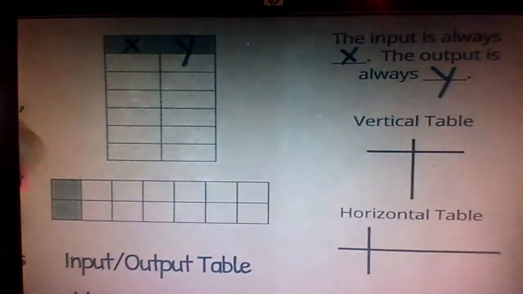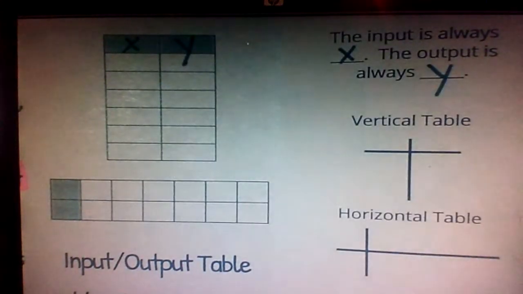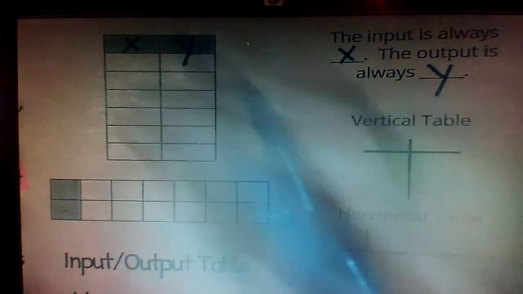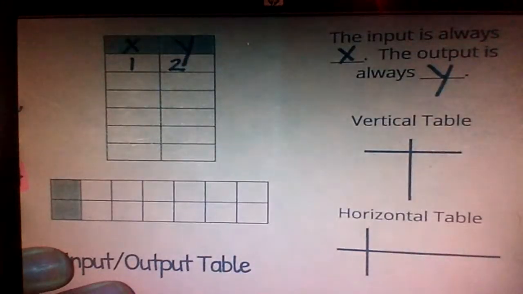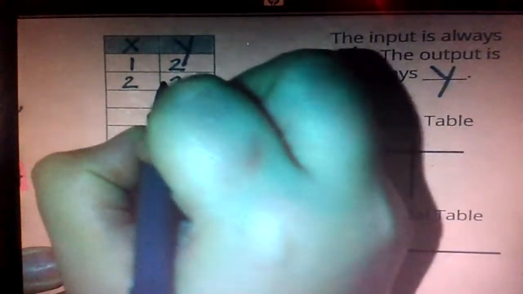So in a vertical table, you will see your X's on the left and your Y's on the right. So I'm going to use the same points that we did on the left-hand side. So X is 1, Y is 2. X was 2, Y was negative 22. We can do it as a negative. That's fine.